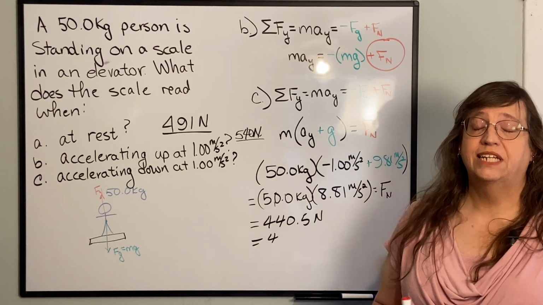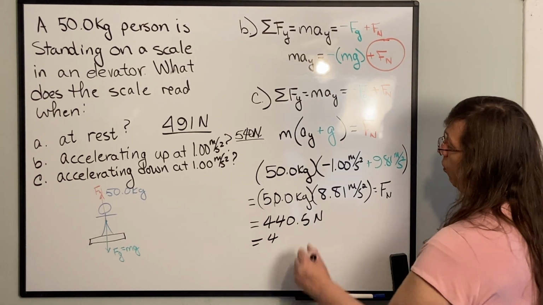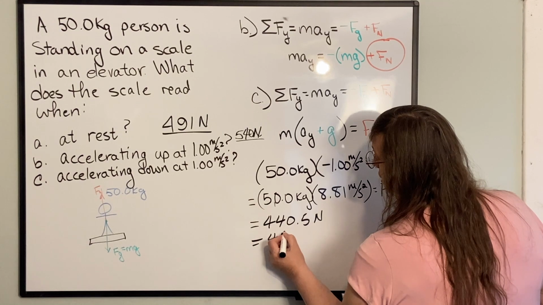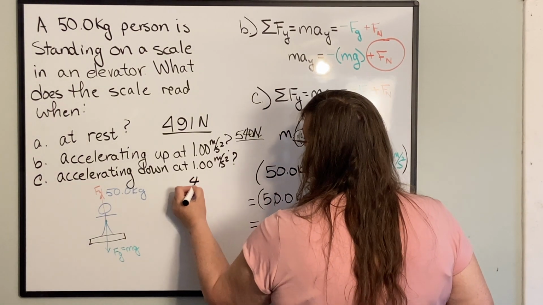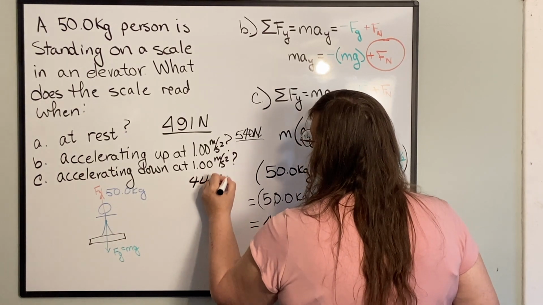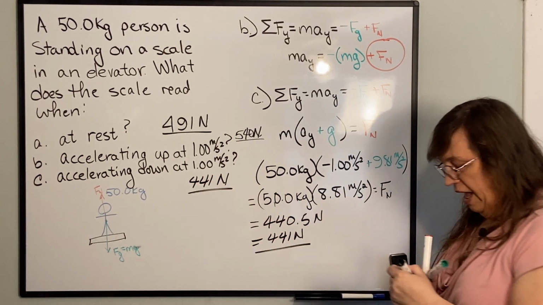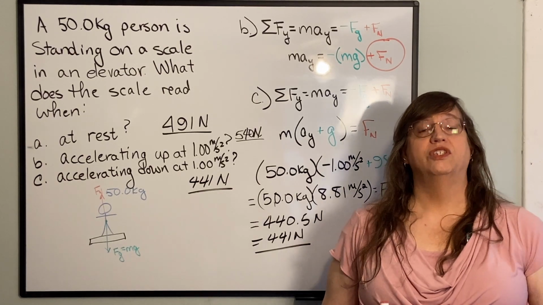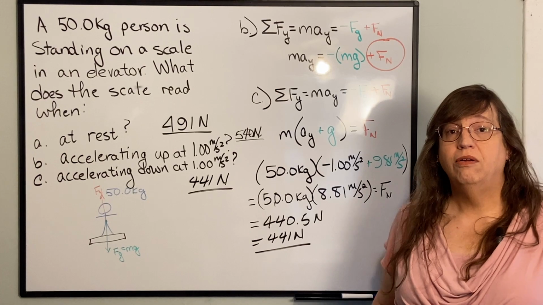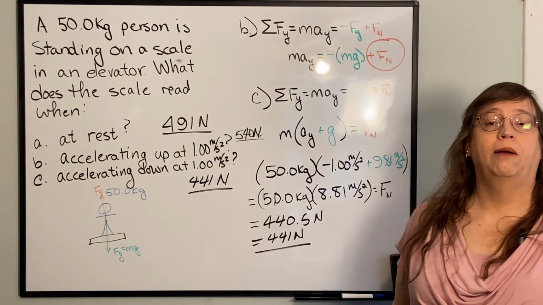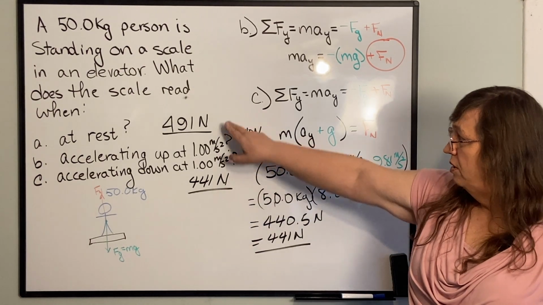Because we have 3 significant digits, we're going to express this as 441 newtons. And again, look at the answers. Do they make sense? We know that we feel lighter when the bottom drops out on us, and we definitely look to be lighter there.